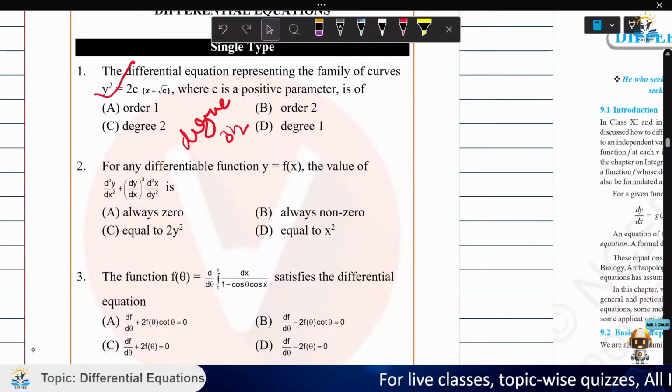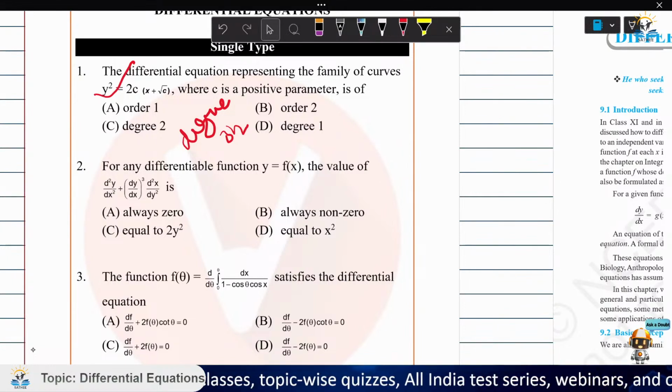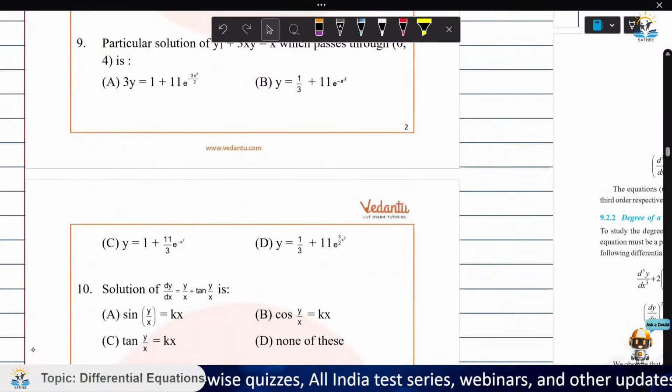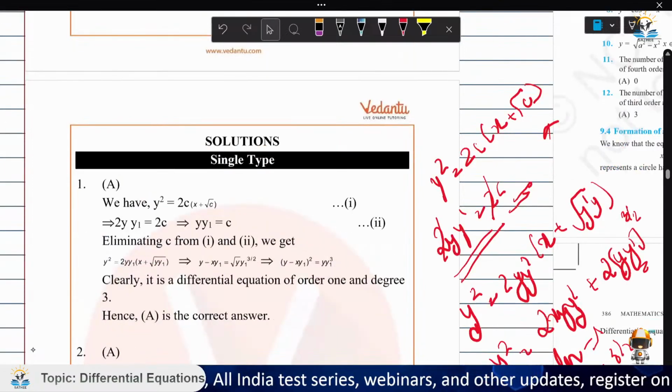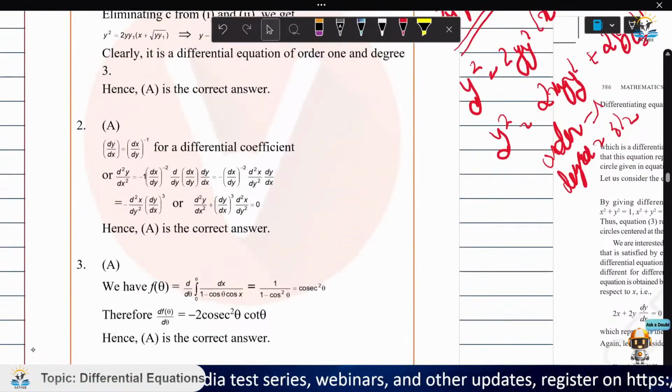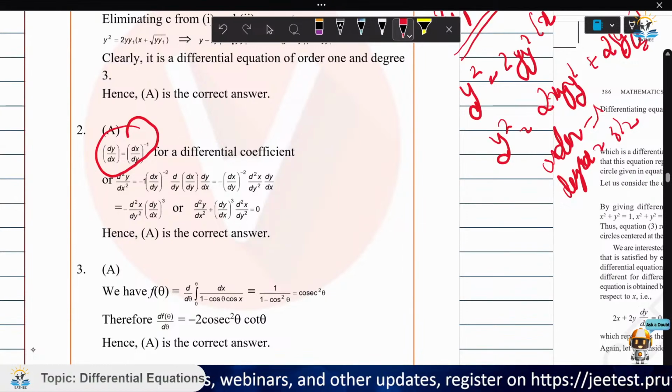For any differentiable function, y is equal to fx, the value of this is. Let's see the solution and move on. Okay, so we are aware this is available for any differential quotient.